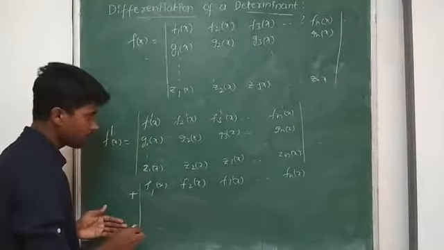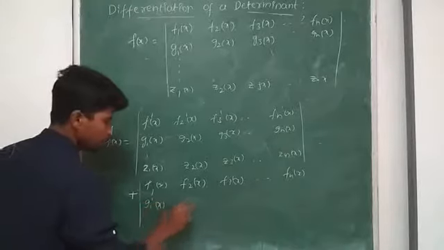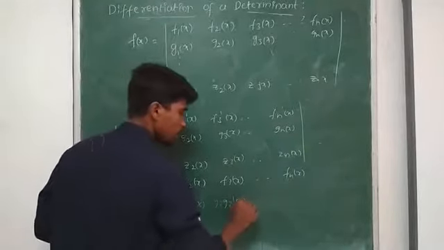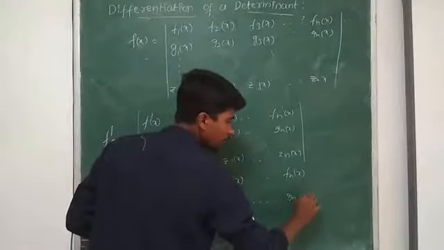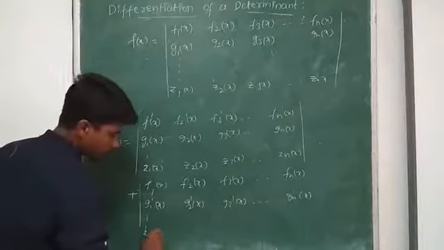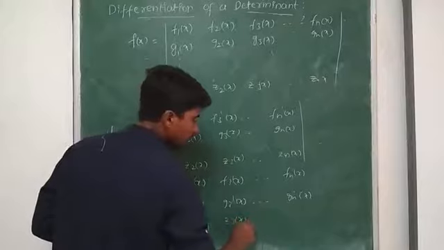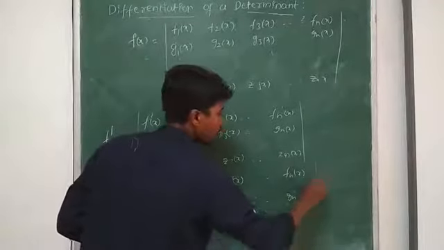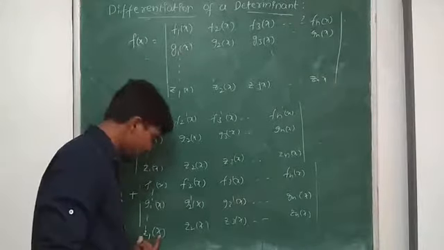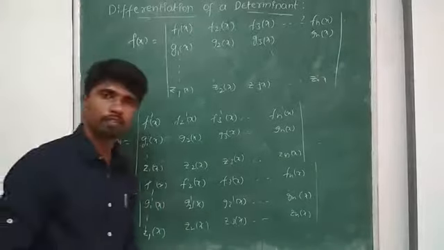Now I find the differentiation of the second row: g1 dash of x, g2 dash of x, g3 dash of x and so on, gn dash of x, till z1 of x, z2 of x, z3 of x and so on, zn of x. Likewise we continue till we reach the derivative of the last row, right? So in this way we do differentiation of a determinant.